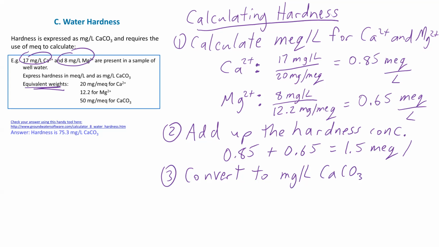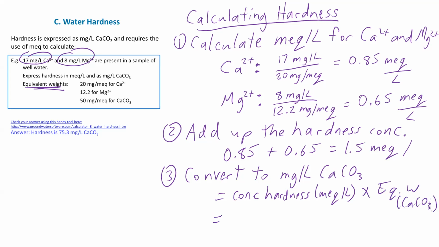Okay, so I'll write out the formula for this. So this basically equals the concentration of the hardness in milliequivalent per liter times the equivalent weight of calcium carbonate, so CaCO3.